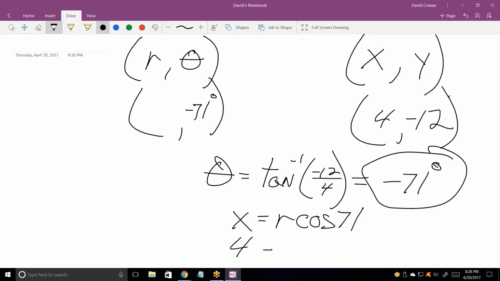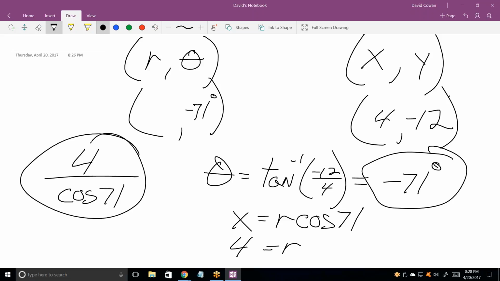It's 4. So the other way, it's going to be 4 divided by the cosine of 71. That's what r is going to be. And r comes out to be 12.2. The whole key is x. X was positive, so I didn't have to add 180 degrees to that answer.